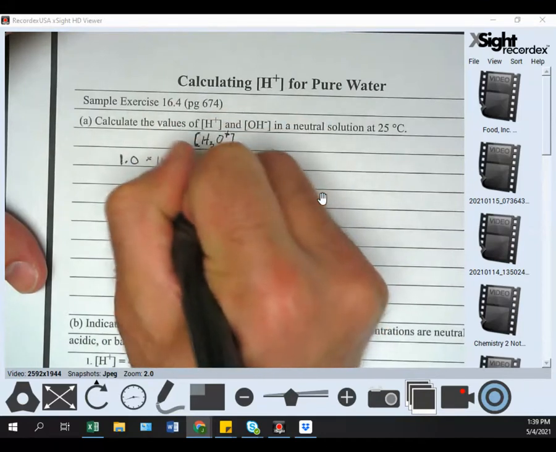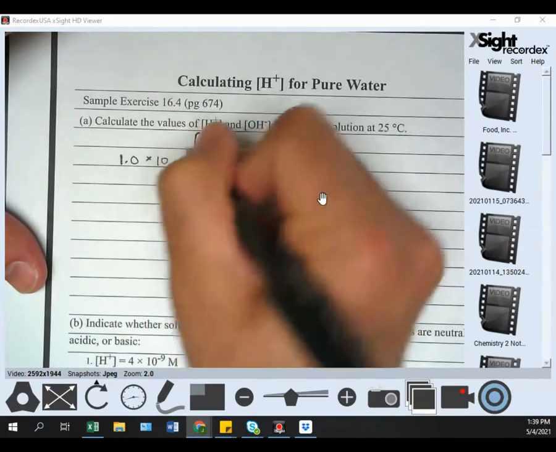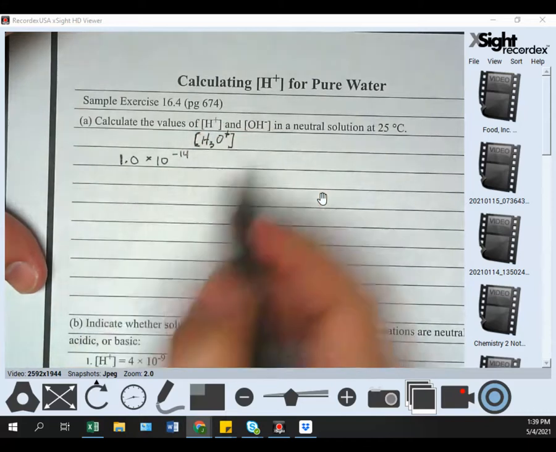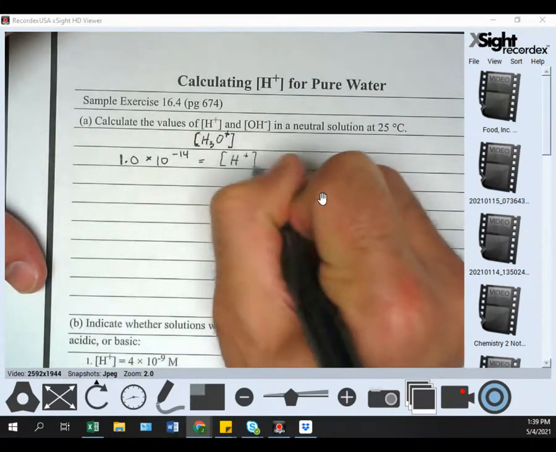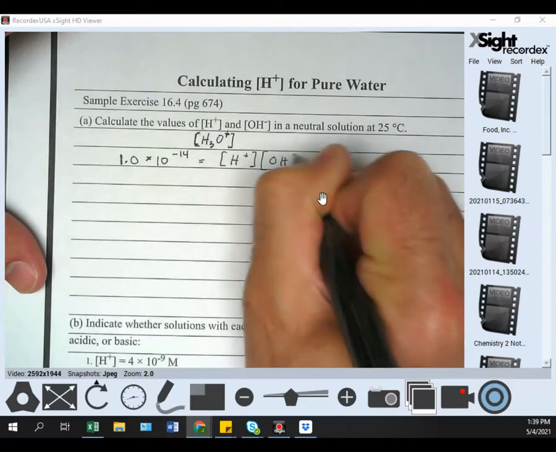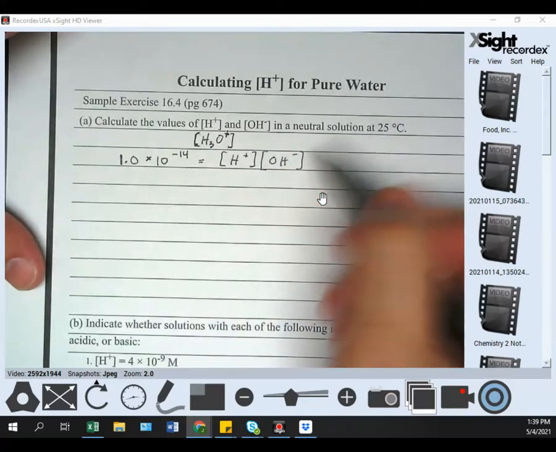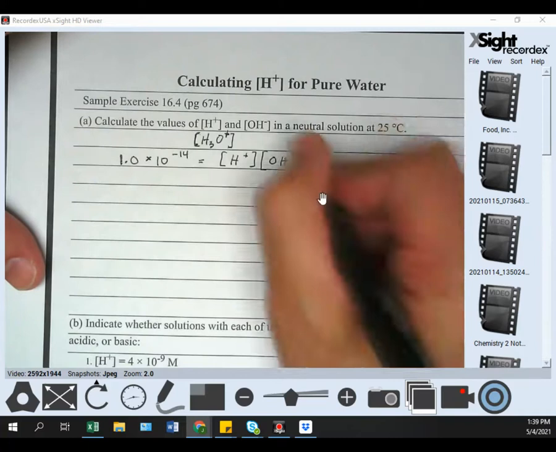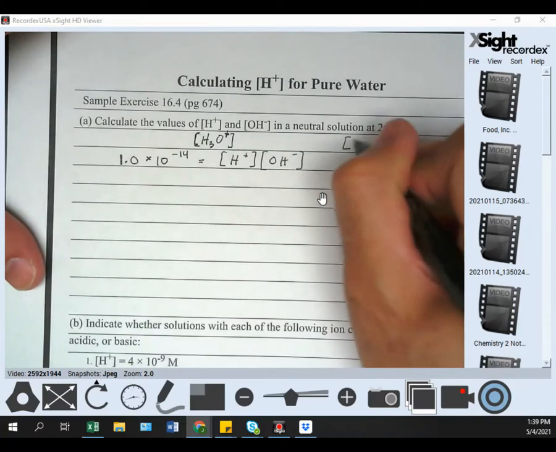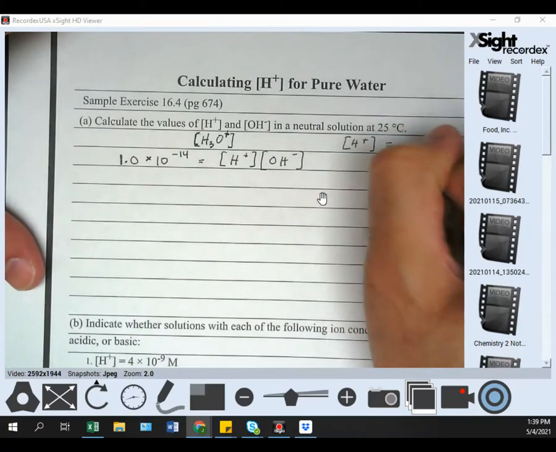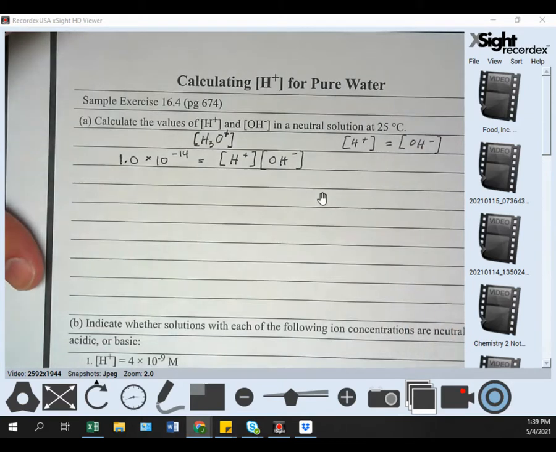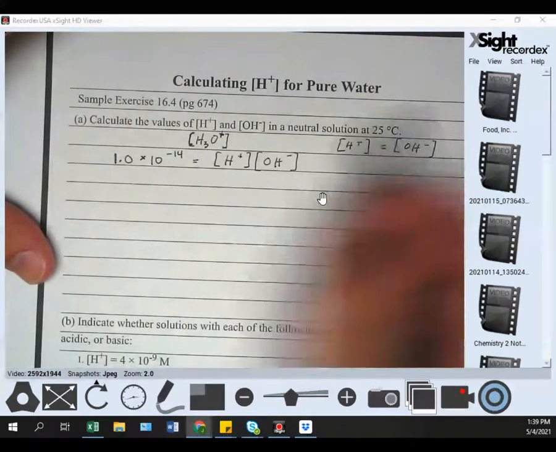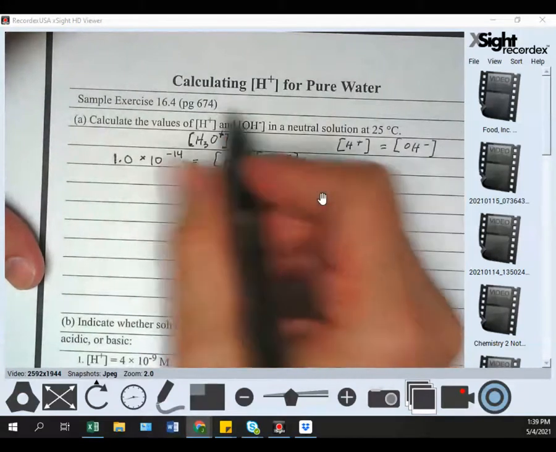I didn't realize I did that. Those are old notes. So this is the combination of the concentration of H plus times the concentration of OH minus. If it's neutral, that tells us that H plus has to equal OH minus, so they're the same thing.